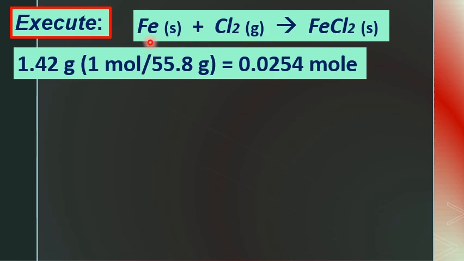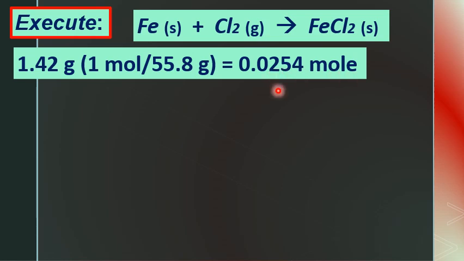Now, the given mass of the reactant iron, which is 1.42 grams, when converted to its mole equivalent, is just dividing 1.42 grams by 55.8 grams, which is the molar mass of iron. We get 0.0254 moles.